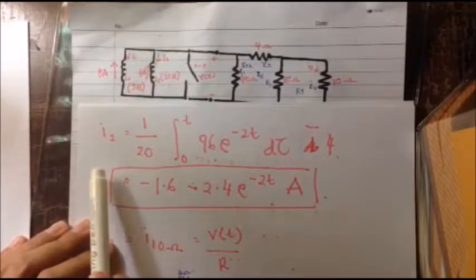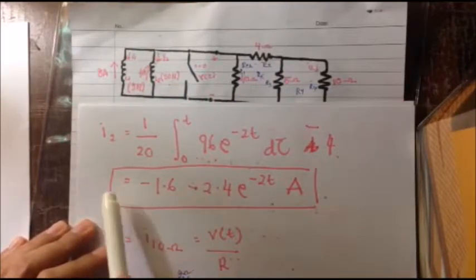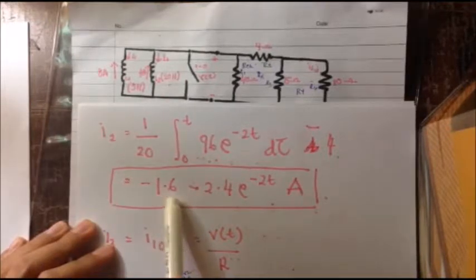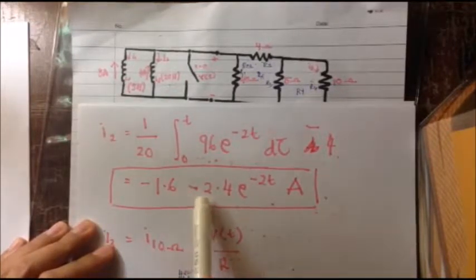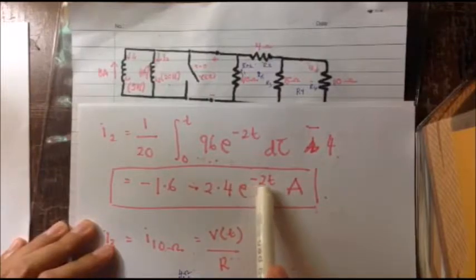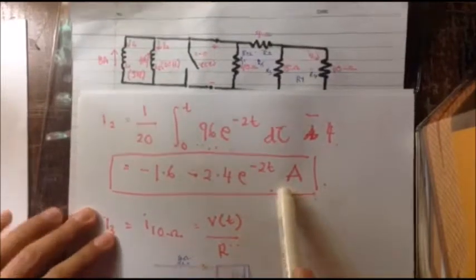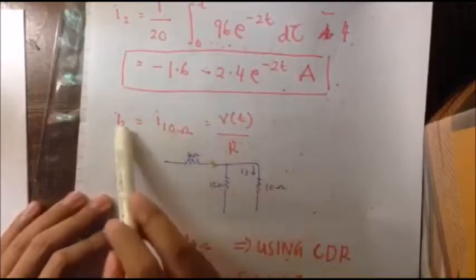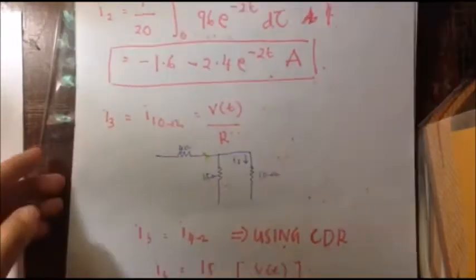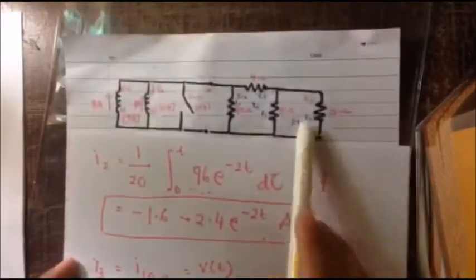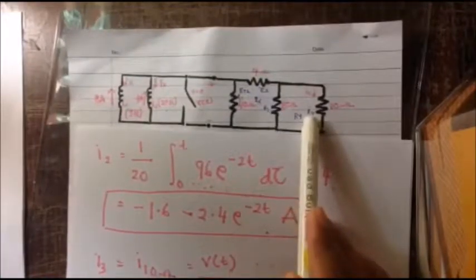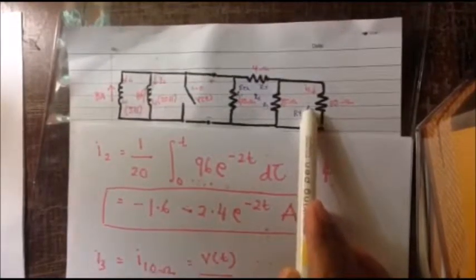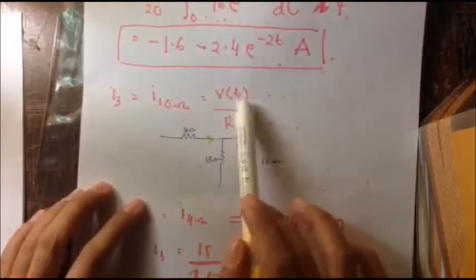After the calculation, the answer is negative 0.16 minus 2.4 e^(-2t) ampere. Next, to find I3, we know that I3 flows through the 10 ohm resistor, so we use the equation Vt over R.